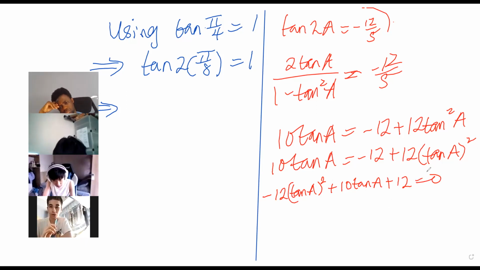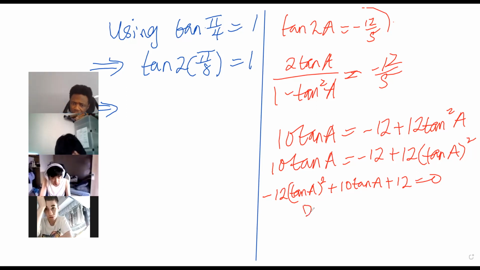And then we just factorize it. Does this look very easy to factorize to you now? No, then times negative 1. Why negative 1? So the A can be positive. Can't you divide by 2 as well? Oh yeah. Divide by negative 2.